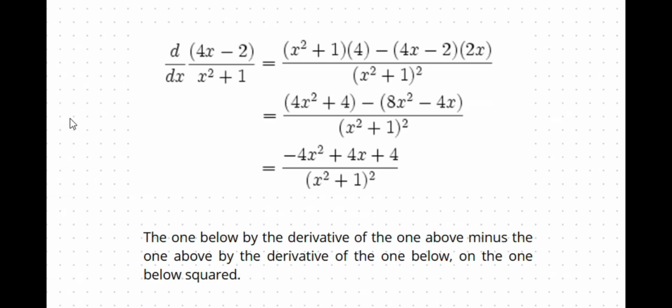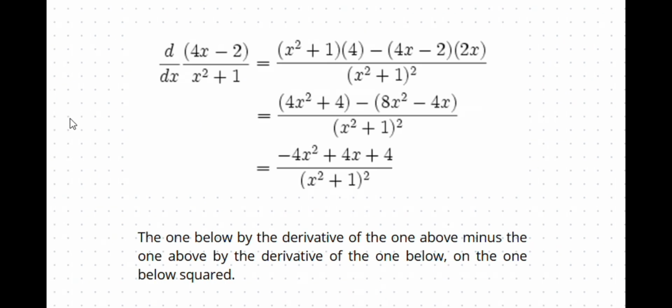The one below times the derivative of the one above, minus the one above times the derivative of the one below, over the one below squared.